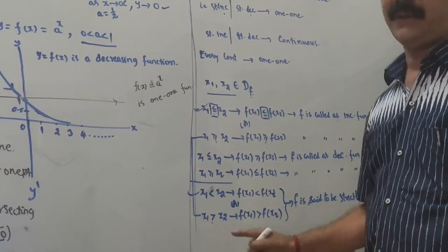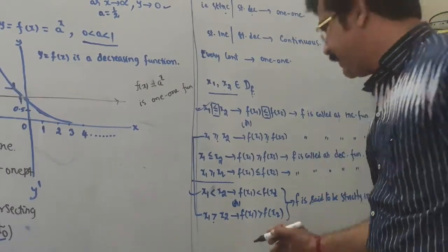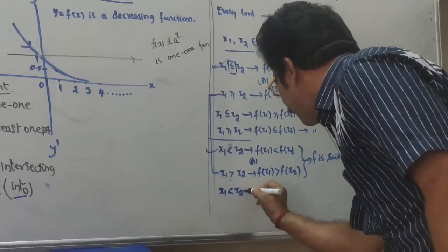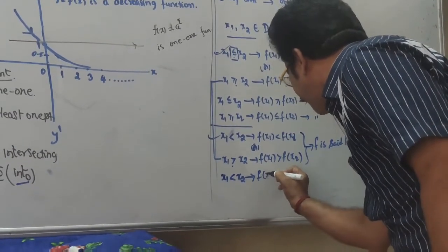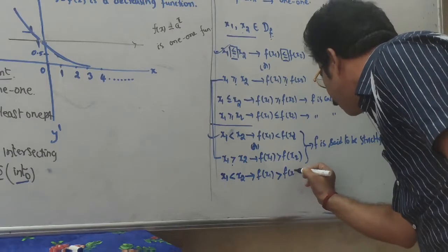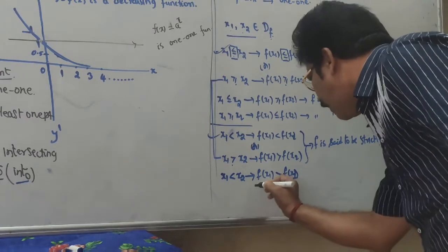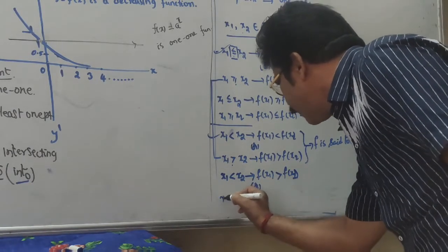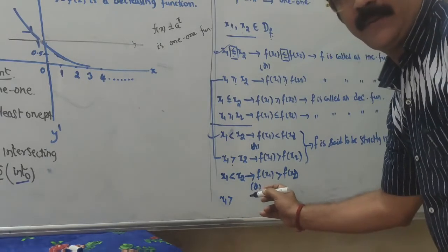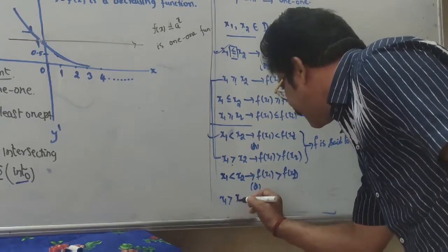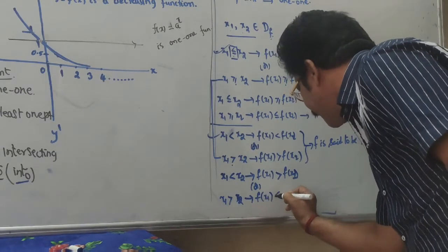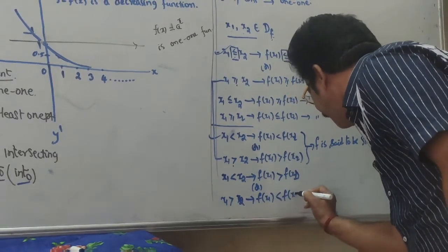Similarly, we can define strictly decreasing. Strictly decreasing means x1 less than x2 implies f of x1 greater than f of x2, or x1 greater than x2 implies f of x1 is less than f of x2.